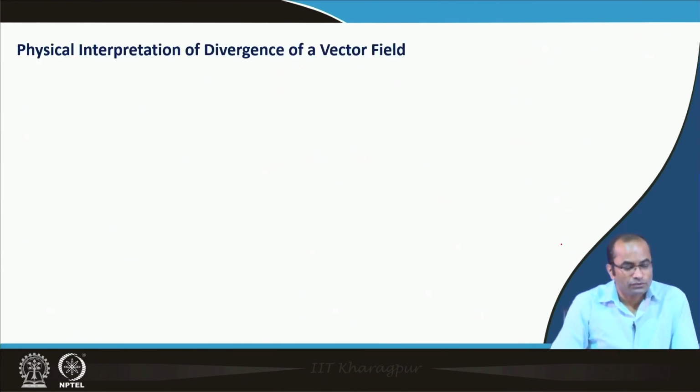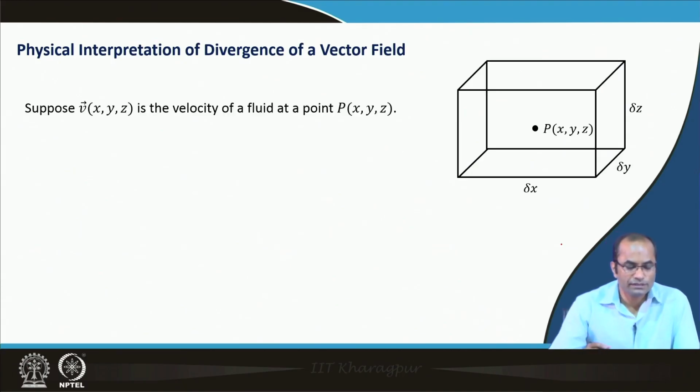So, coming to the physical interpretation of the divergence of a vector field. We will consider a point P at which we will compute the divergence, and suppose we have this vector field V defined around this point P. So, we have some vector field V there in this domain, and around P or at P we are going to compute what this divergence signifies and how to compute this divergence.